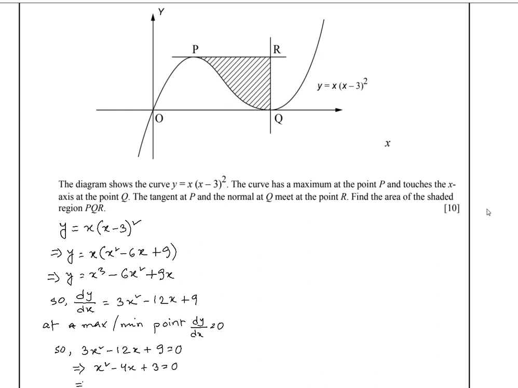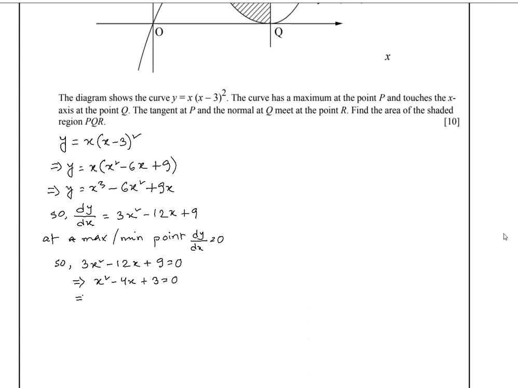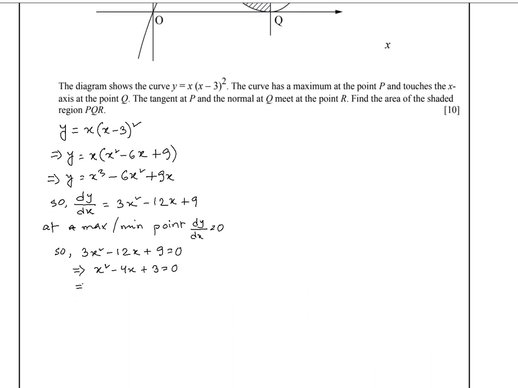Now let's solve this equation with the help of middle term factorization. So we can write x squared minus 3x minus x plus 3 equals 0. If we take x common from the first two terms, we get x times (x minus 3). Then let's take common minus 1 from the last two terms.